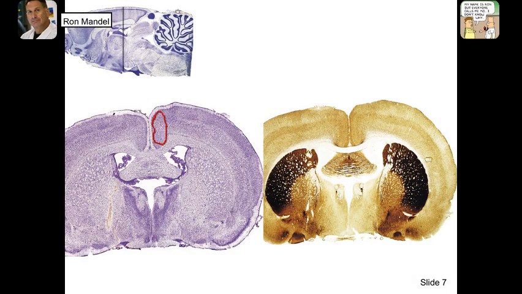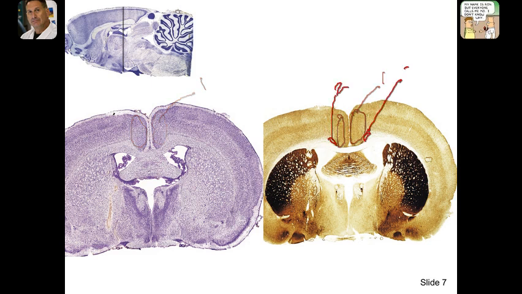Once again, we have the cingulate cortex, and our little white matter patch here, which is cingulum. We have lateral ventricle.